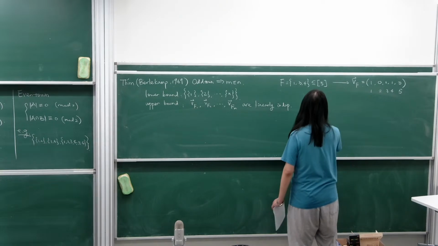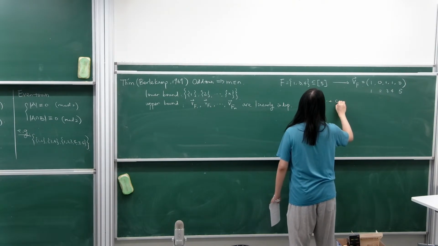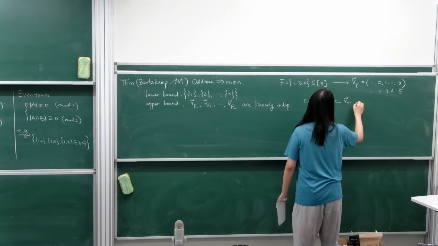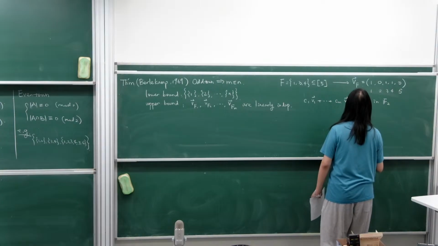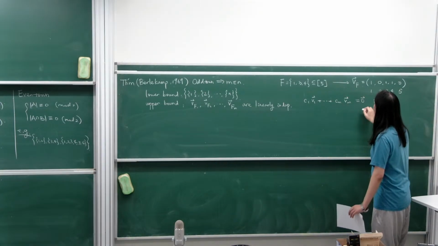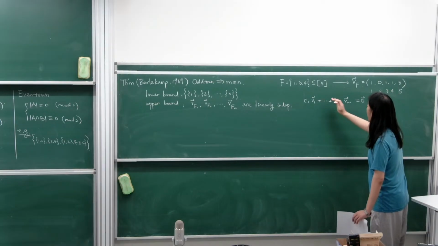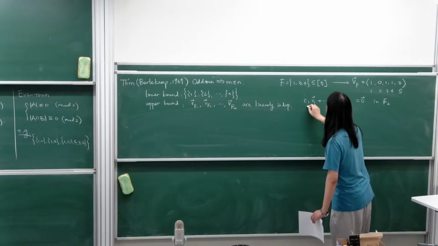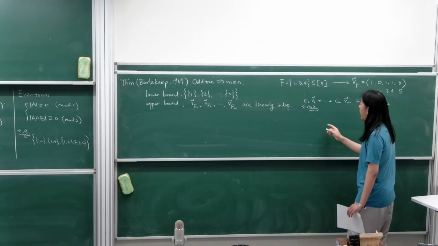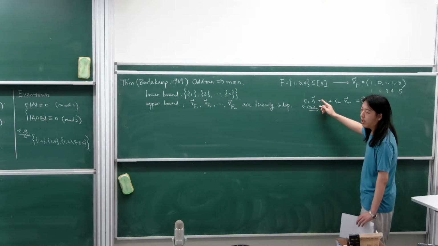And why are they linearly independent? Because if we have a linear combination equal to zero, then I just take the inner product of both sides with an arbitrary bi. It shows that bi inner product bj is 0 for i not equal to j.